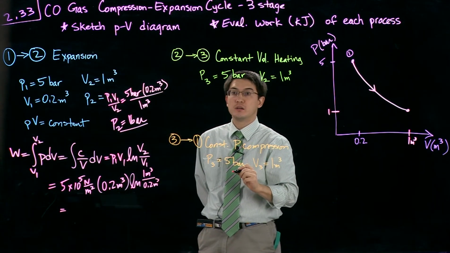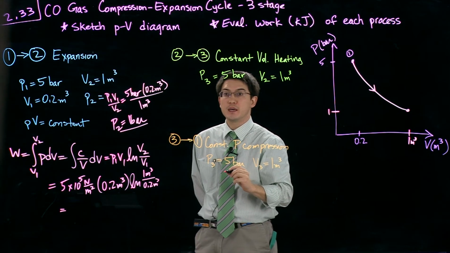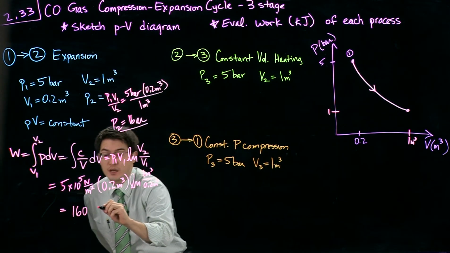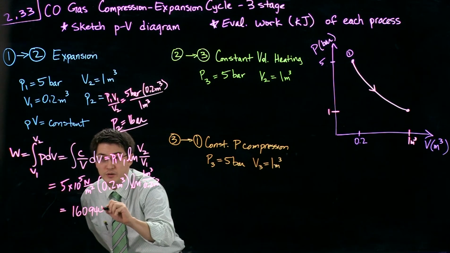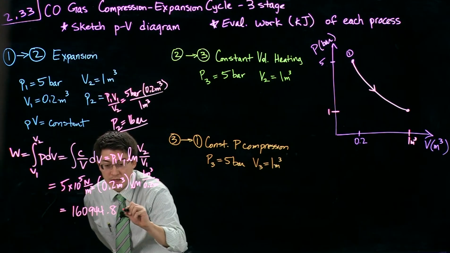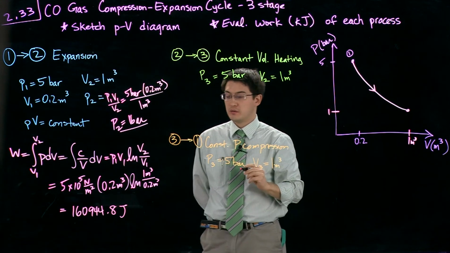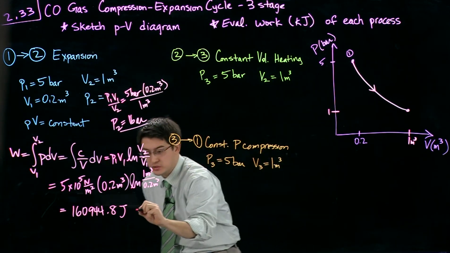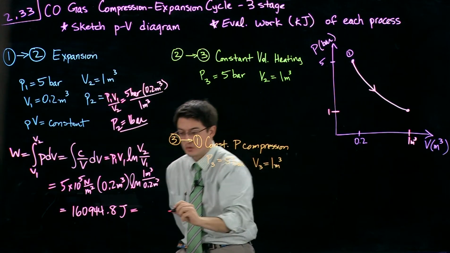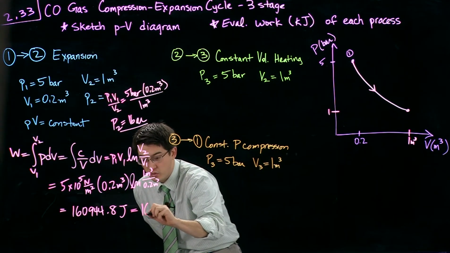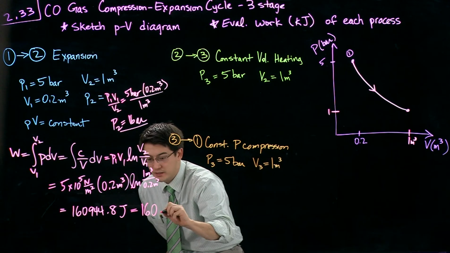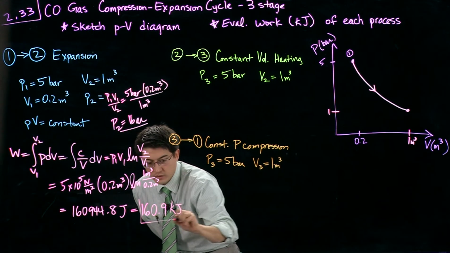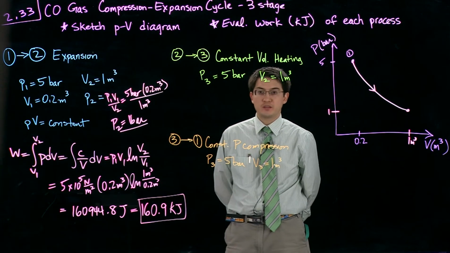Work that out. We'll get 160,944.8 joules. The problem asks us to work out in kilojoules, so we'll move this over. This gives us 160.9 kilojoules for the work of this process.